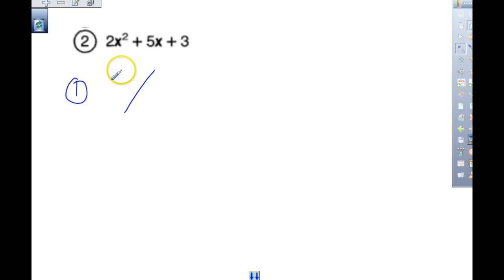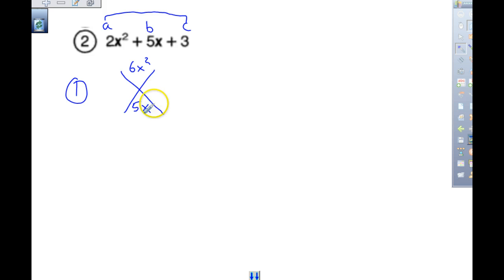attic, basement. This is usually referred to as A, this is B, this is C. So on top is AC, the attic. 2x squared times 3, 6x squared. And then the basement, B, is just 5x. Notice, this time I'm putting the x's in.